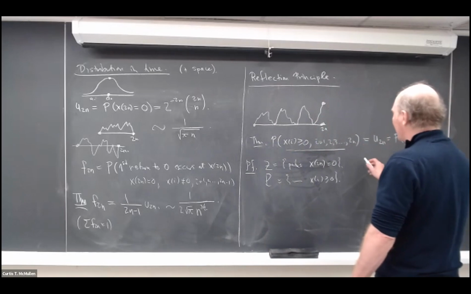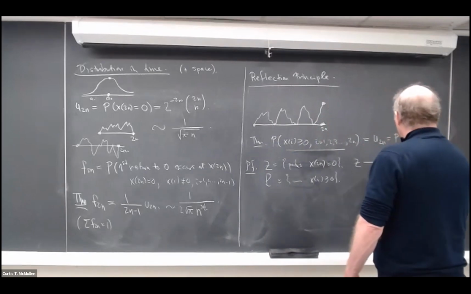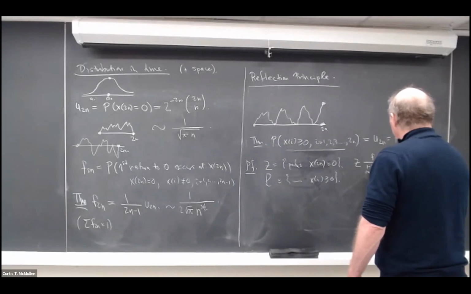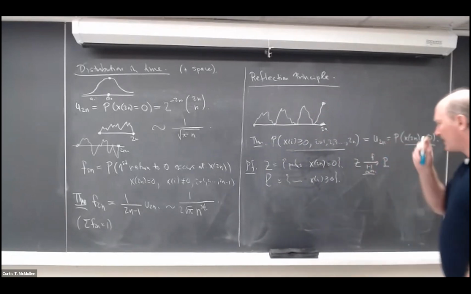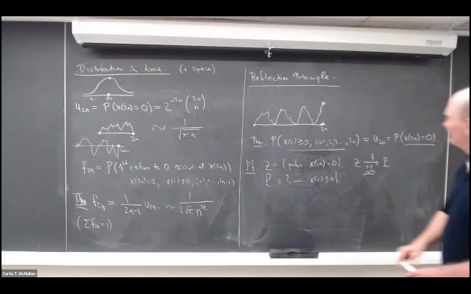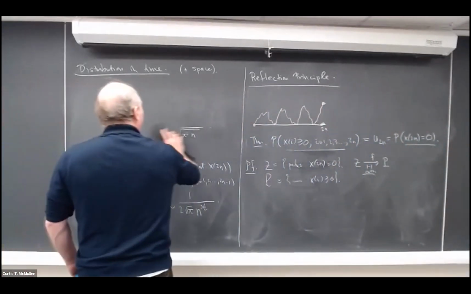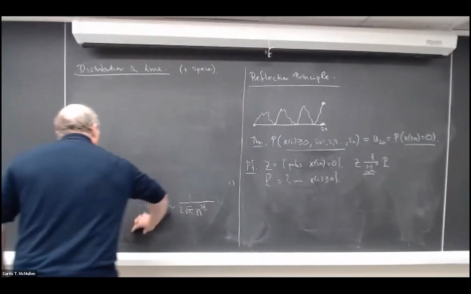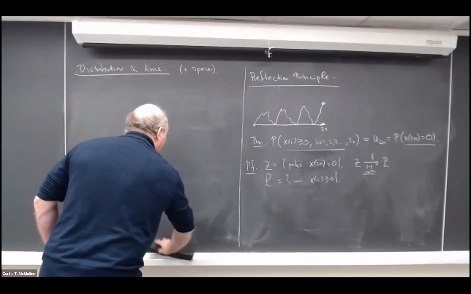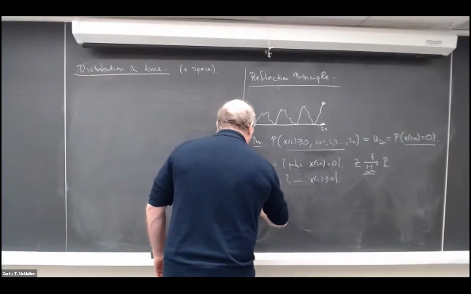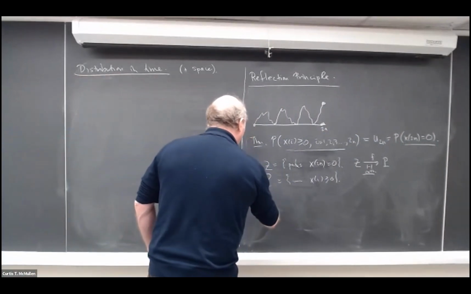I'm going to construct a mapping from Z to P, and this is going to be 1-to-1 and onto. And that'll suffice to prove the theorem. Okay, and now here's the construction, don't blink. I think this theorem was known for a long time, and then one of my former colleagues at Princeton, Ed Nelson, gave this proof.